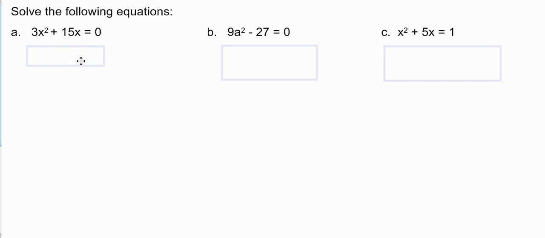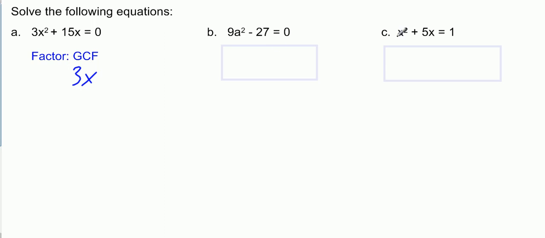There's GCF factoring, there's difference of squares factoring, and there's the AC method, the reverse FOIL factoring. In this case, there's a common factor, GCF. Each of these terms, the coefficients are both multiples of 3. Each of these terms has a factor of x. So we would use the GCF, and in this case in particular, the GCF would be 3x.